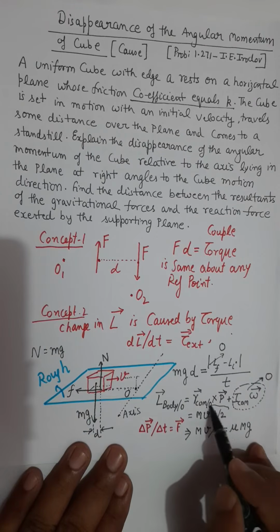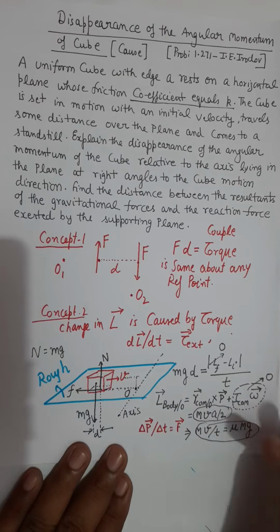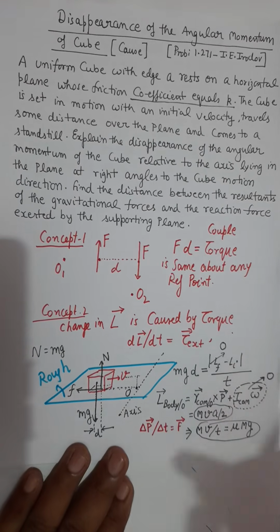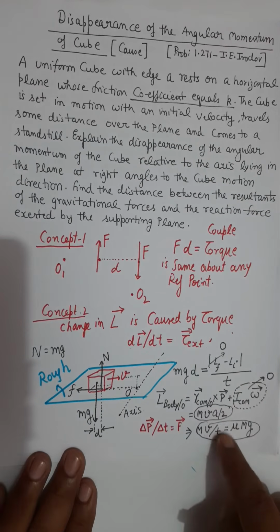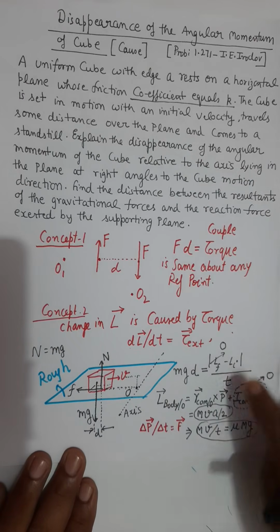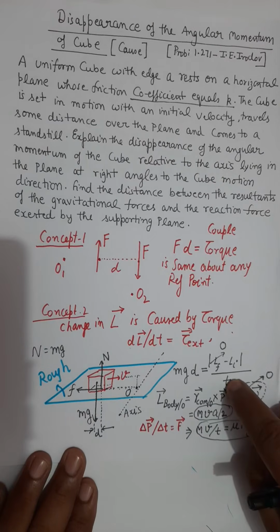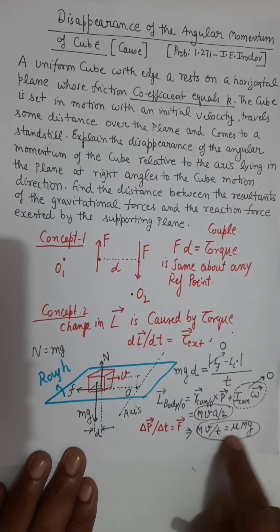So now we have angular momentum and we have time from here, and we can put these two values here. In the numerator you can put the angular momentum value, which is mv a by 2. In the denominator you can put the time value from this expression.